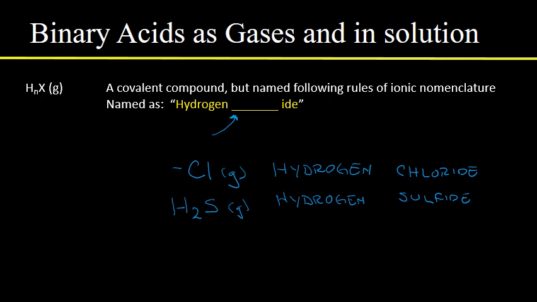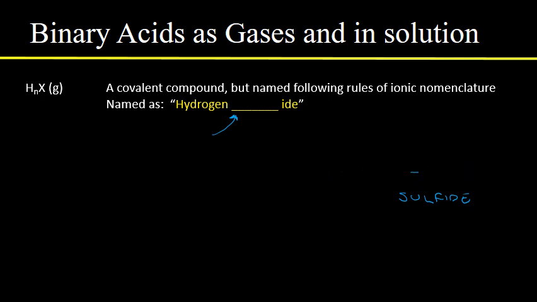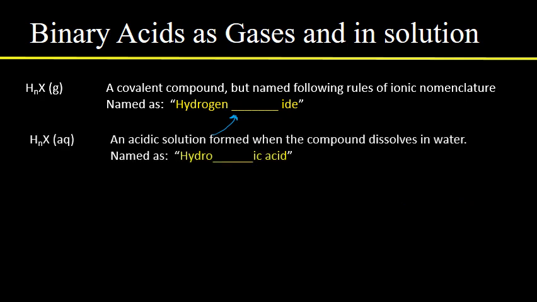All of these, as I mentioned a minute ago, are very soluble covalent compounds. You can dissolve them in water, and when you dissolve them in water, they make acidic solutions. And the acidic solutions formed from them are named with this pattern, hydro-blank-ic acid, where the root for the element goes into that little blank.